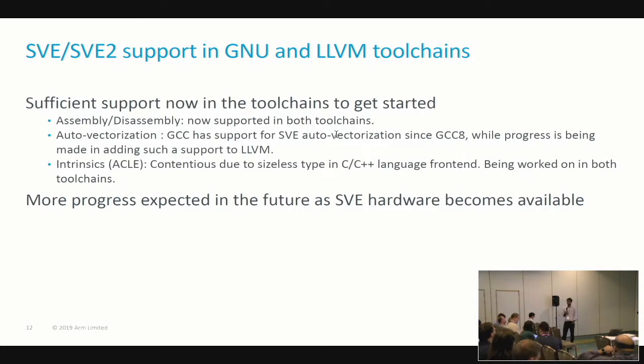Richard Sandiford is our GCC SVE maintainer, and I think he knew how to do it properly in GCC, and considering his influence, it was a much easier path. But even there, it's not done because we are struggling with the intrinsics, since we need community acceptance there.